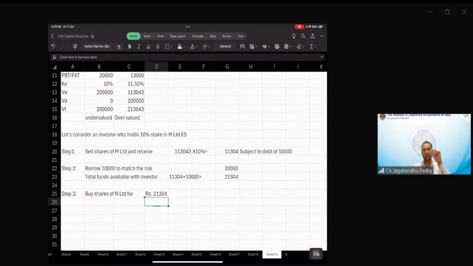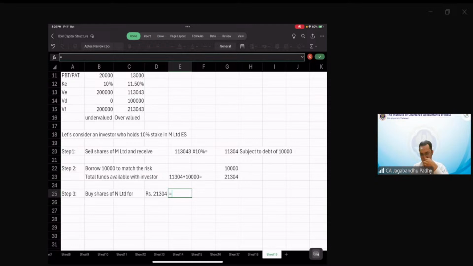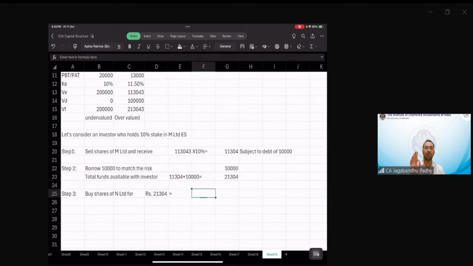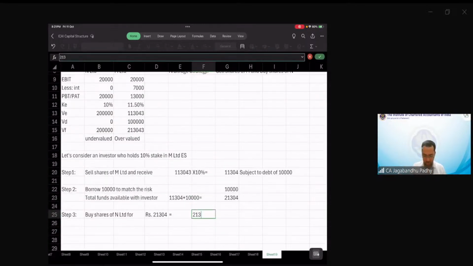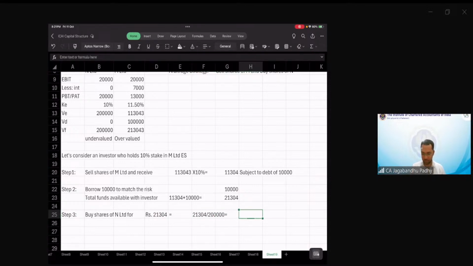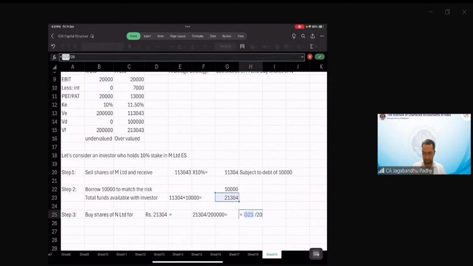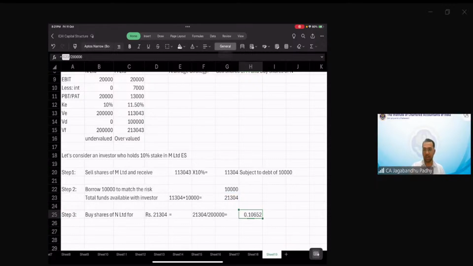Okay, this 21,304 is equal to what proportion stake in the company N Limited? Can I say 21,304 divided by 2 lakh, which is 10.65% stake.